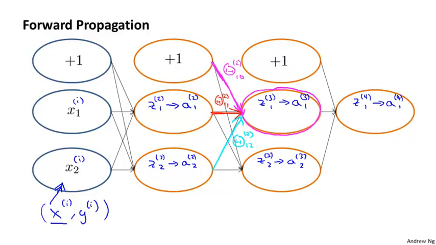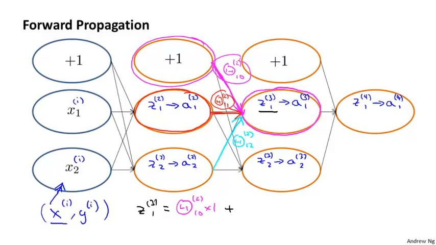So the way we compute this value z_31 is as this magenta weight times this value, so that's theta_210 times 1, plus this red weight times this value, so that's theta_211 times a_21, and finally this cyan weight times this value, which is therefore plus theta_212 times a_22.